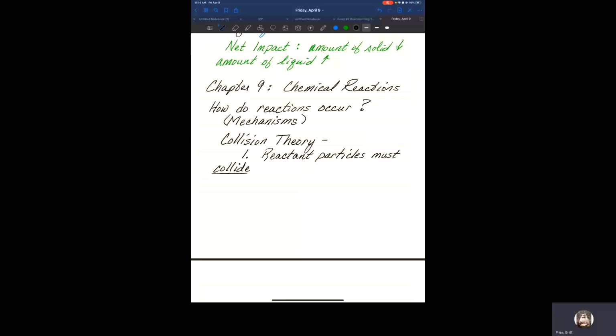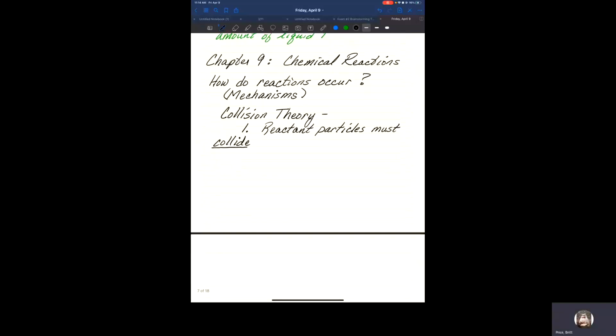Kind of makes sense given that the theory is called collision theory. So the first piece is the reactant particles have to hit each other. Now, just hitting each other is not good enough. The second piece is that the collision has to have sufficient energy.